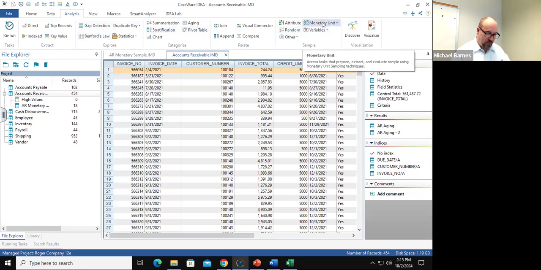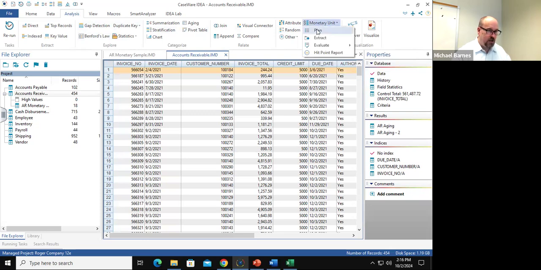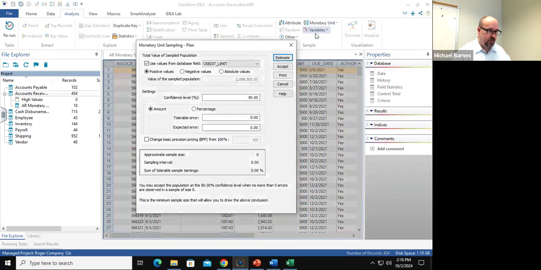So I'm going to say, let's create a sampling plan. A monetary unit plan. And I want to test the invoice total. And I'm going to set the confidence level at 75%. Now, what is this saying, confidence level at 75%, by the way?